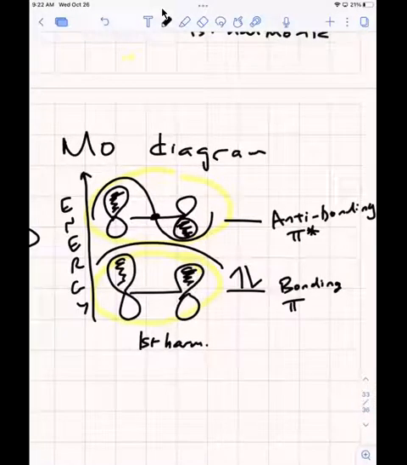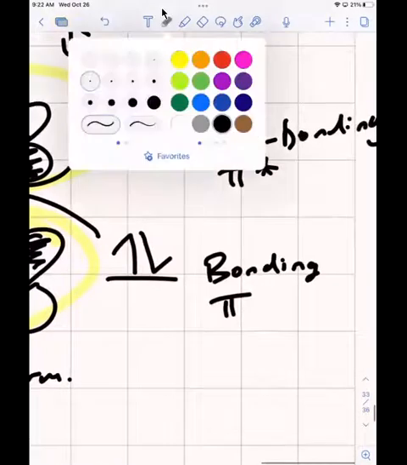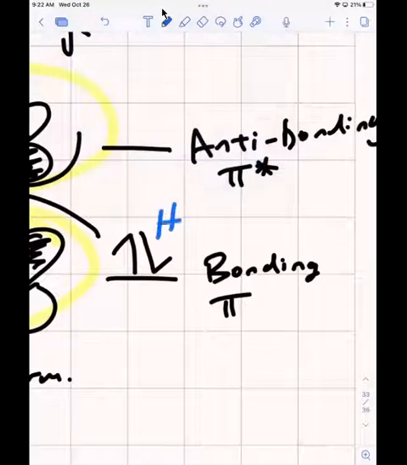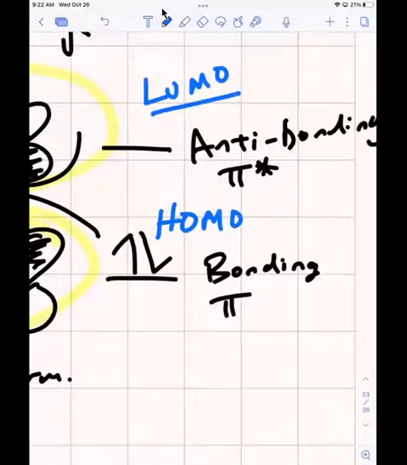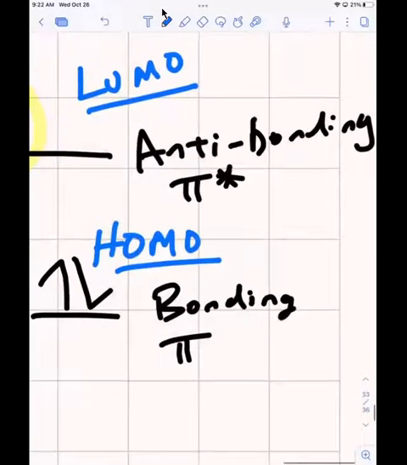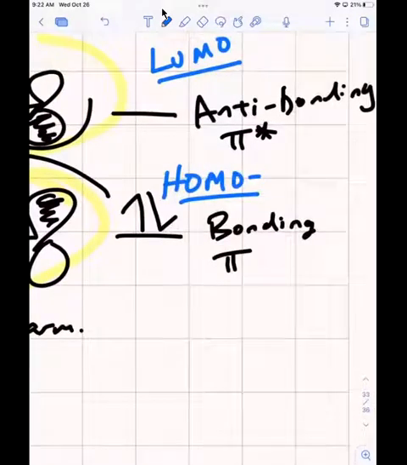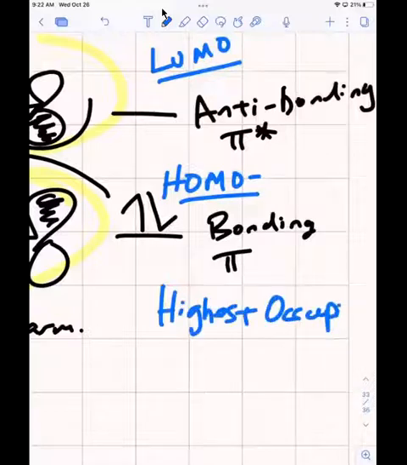And that's the idea of what we call the HOMO and the LUMO. So the HOMO is, I need more room. I'll just write it down here. It's the highest occupied molecular orbital.